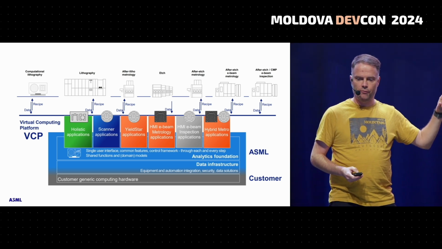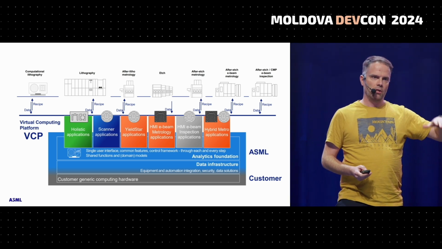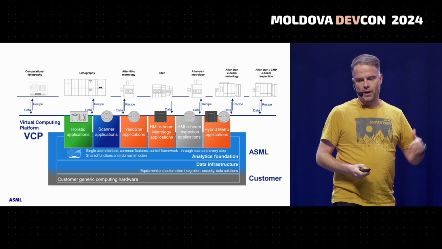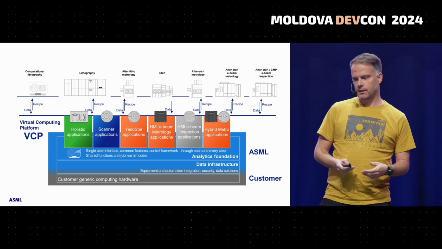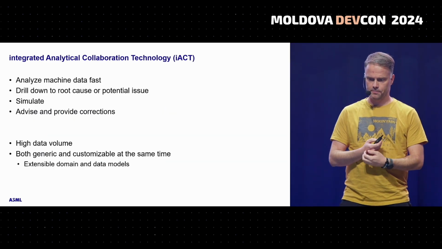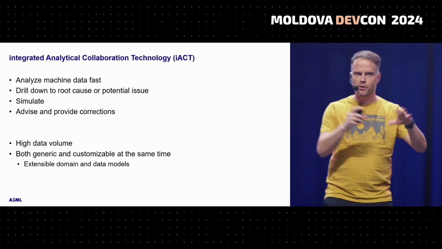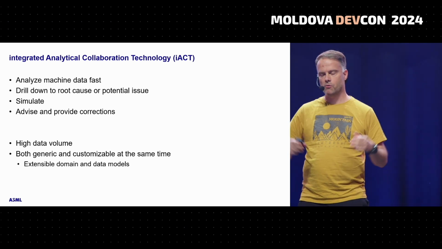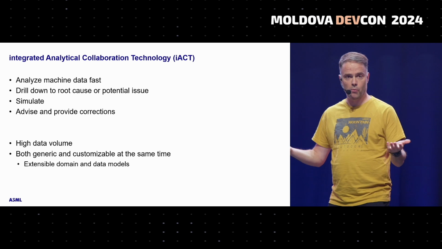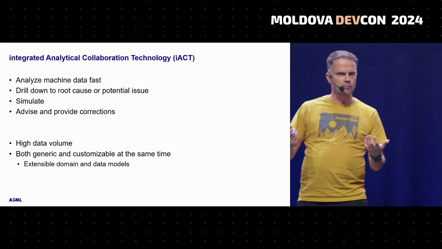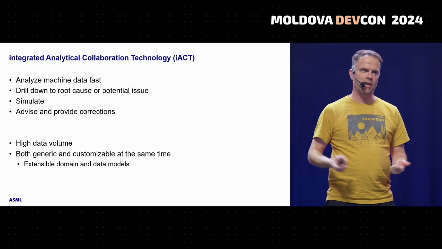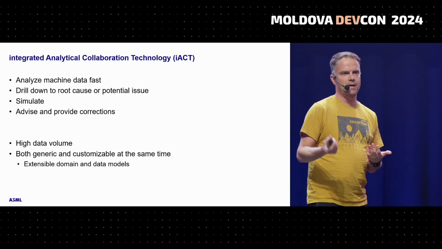I work on a platform which basically tries to get better results in the wafers, collect the data, process it, and do the analysis. And we do that for a reason, because in the past we had a lot of separate applications. Each department had their own applications to measure what went wrong. But that was a bit time-consuming. Data couldn't really be shared, and it was a bit of a hassle.